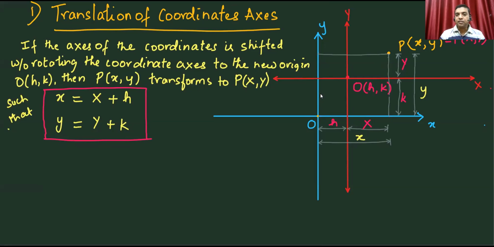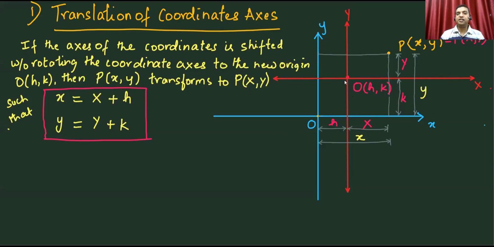Now for some reason we shift the origin, we translate the coordinate axis to a different origin. So now the origin is shifted to h comma k. This h comma k is with respect to the original coordinate axis, not the new coordinate axis.